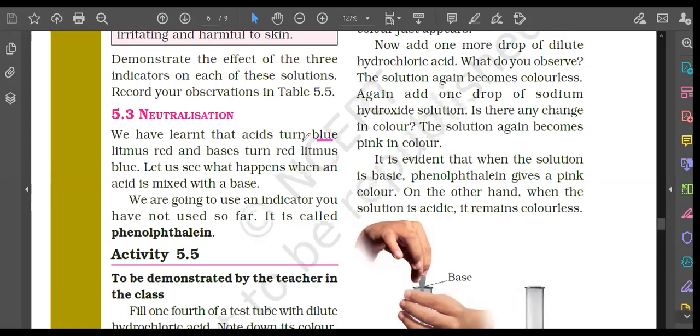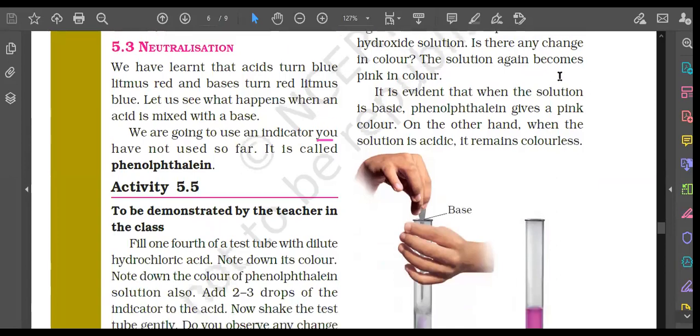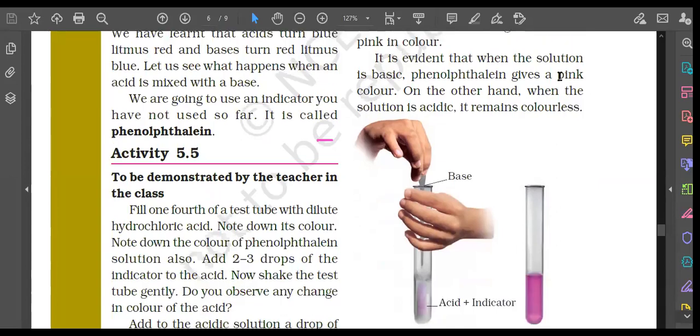It will change its color, yes or no? Yes, very good. And the same thing will happen if you take red litmus and dip it into base. Makes sense? If it's changing colors, there must be some neutralization reaction, right?